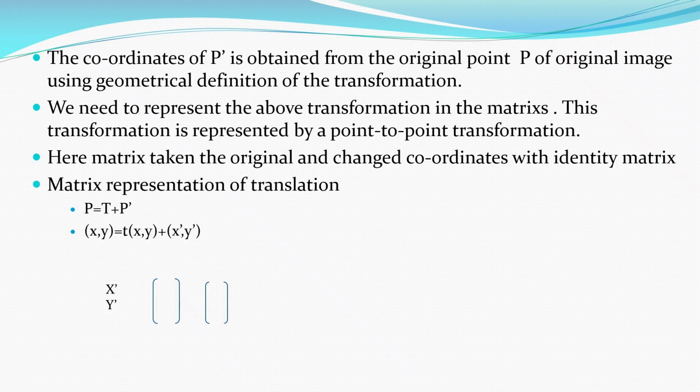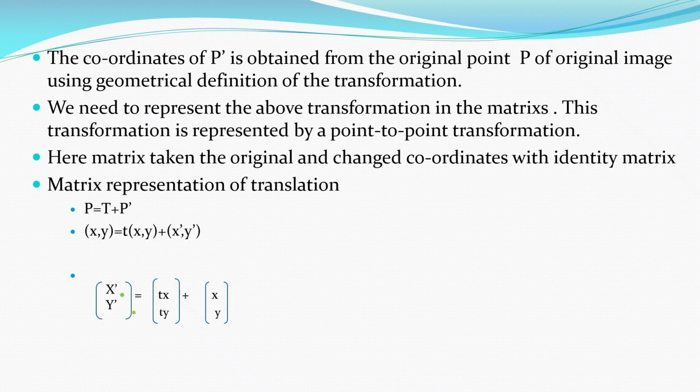The identity matrix is multiplied with the original xy coordinates, plus your translation matrix. So this is how we represent it: P dash, x dash y dash, equals xy multiplied with the identity matrix plus T of x, T of y. With the help of an example we will understand.